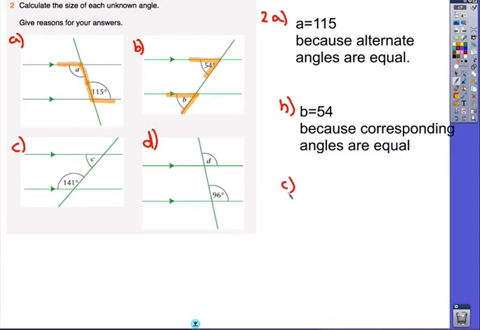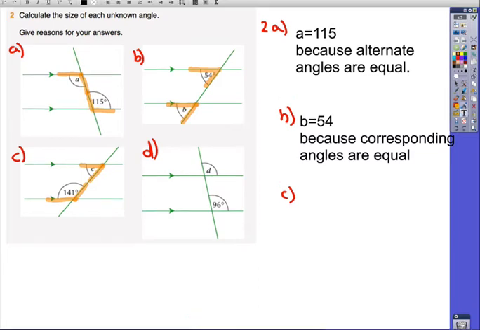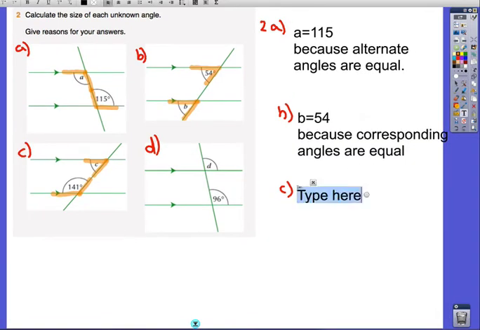And moving on to C, the angle we've got is 141 degrees. The angle we need to work out is C. This is co-interior angles inside a pair of parallel lines, and co-interior angles sum up to 180 degrees. So to work out what C is, we have to do 180 subtract 141, and that means that C is equal to 39 degrees.